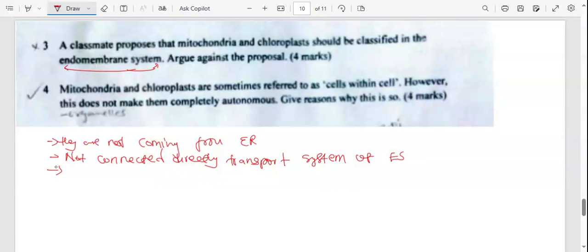Then the other argument I can give against is that they are structures which are different. I'm talking about chloroplast and the mitochondria.